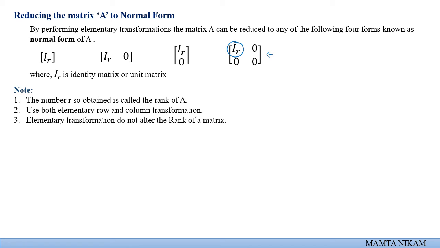Suppose we are given a 4 cross 4 matrix. To convert it into normal form, we perform row as well as column transformations. We have to use both elementary row and column transformations so that it is converted to an identity matrix.